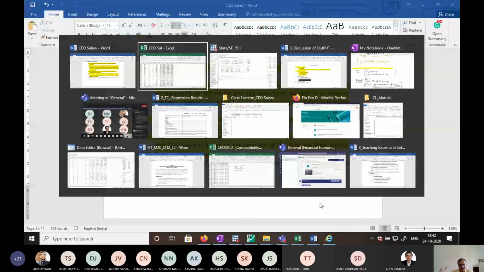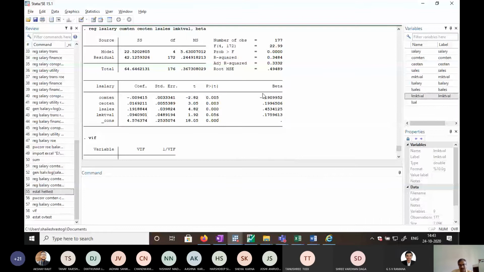We would like to go for midway, but because the difference between these two is very high, we can say that the performance of the company is given more importance when it comes to deciding the CEO's salary. Otherwise, all four are significant, and this one is insignificant. So again partially we can say that loyalty is given more say when it comes to deciding the CEO's salary.